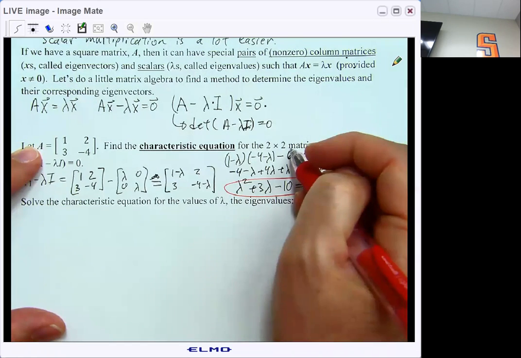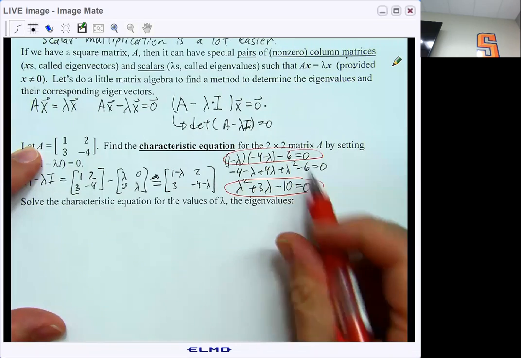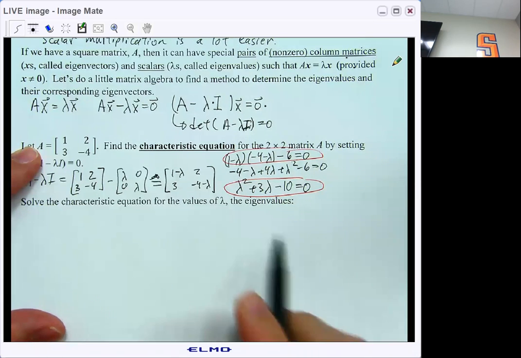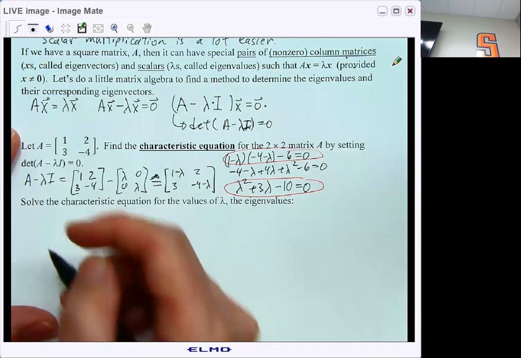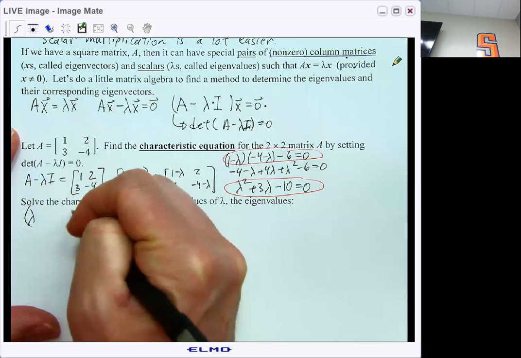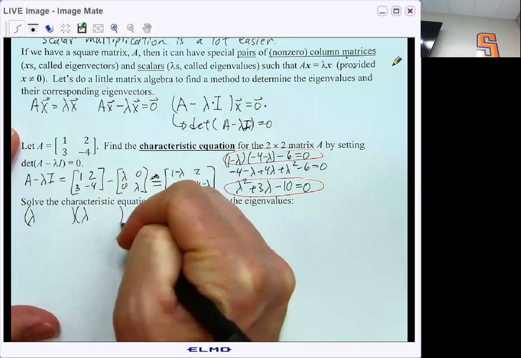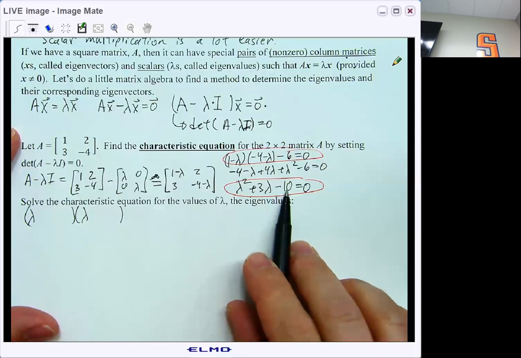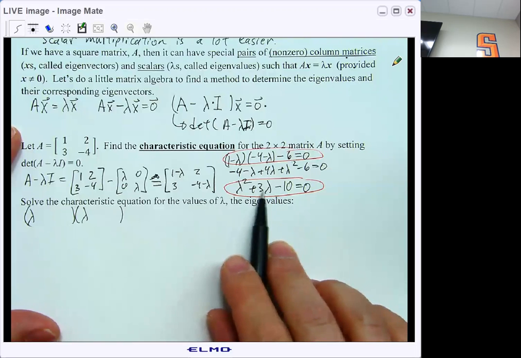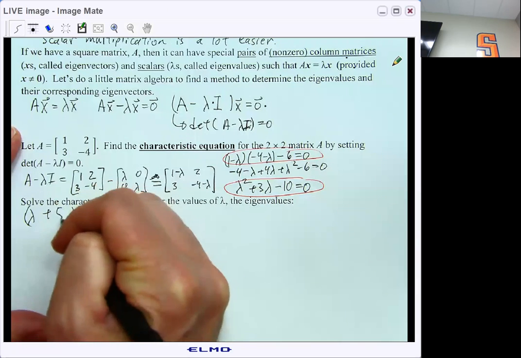Technically, the earlier form is also the characteristic equation, but usually we like to see it either in standard form or possibly even in factored form, which is where we're headed next. So let's see if it will factor. We've got lambda and lambda. Factors of 10 are 10 and 1. That's not going to work. But what about 5 and 2? If I make a positive 5 and a negative 2, that will work.